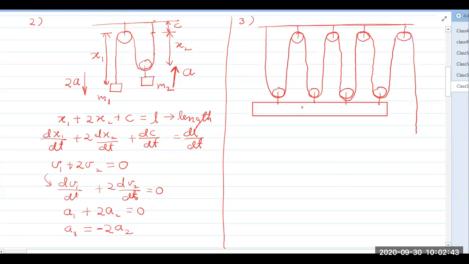Okay, this is suppose m1, and this is suppose m2, another mass. We have to find the relation between the acceleration of these two objects.